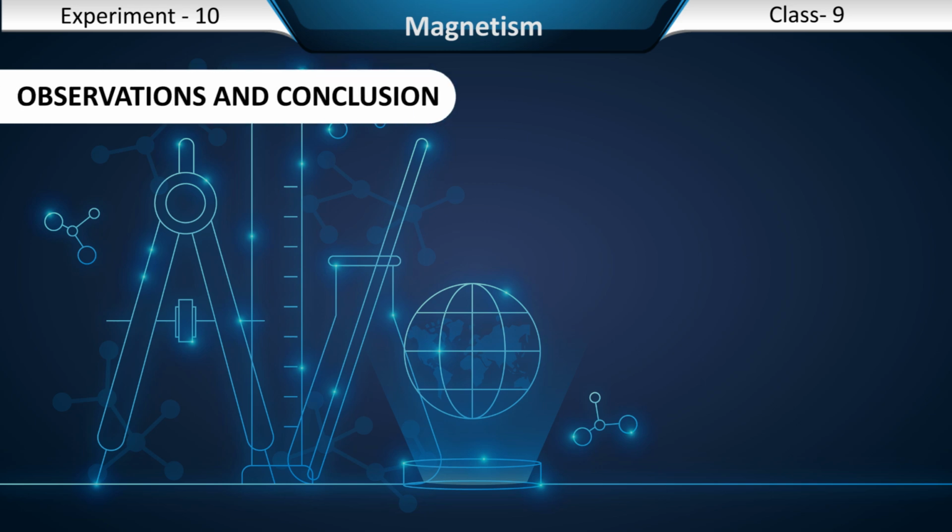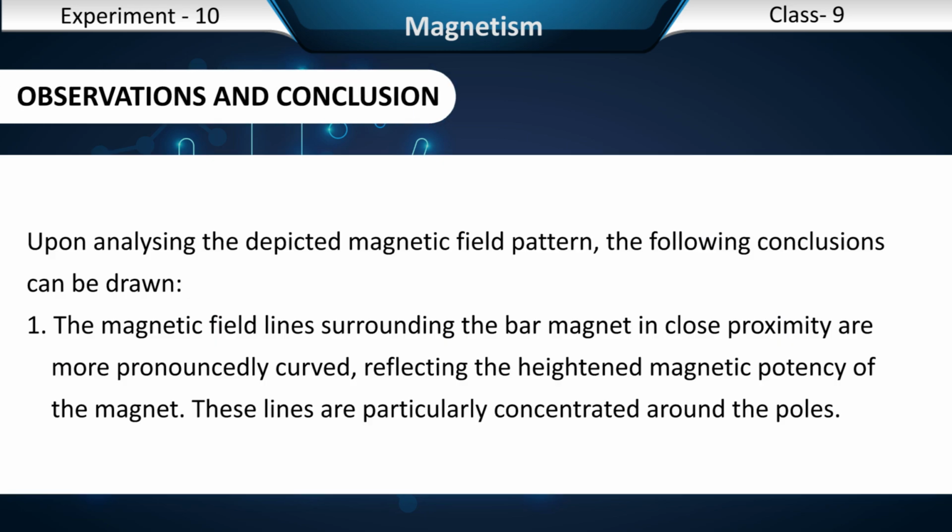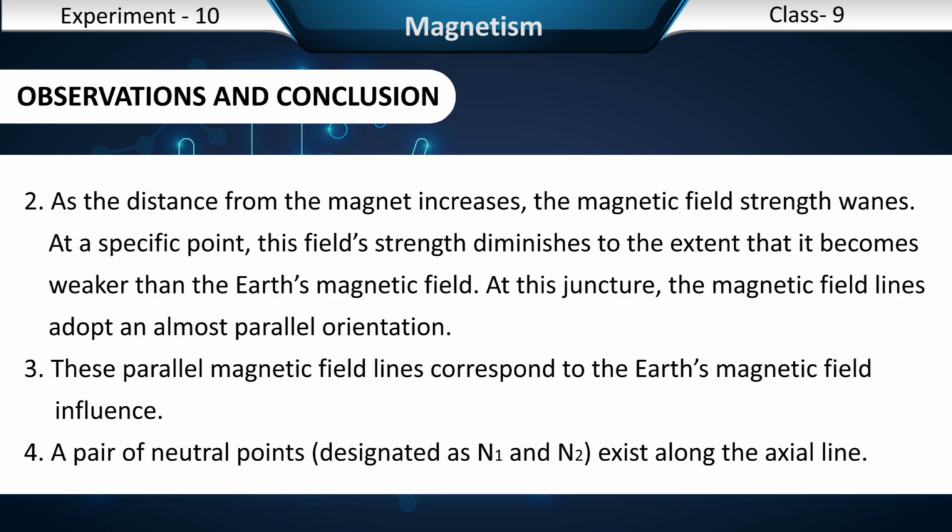Observations and conclusion. Upon analyzing the depicted magnetic field pattern, the following conclusions can be drawn. 1. The magnetic field lines surrounding the bar magnet in close proximity are more pronouncedly curved, reflecting the heightened magnetic potency of the magnet. These lines are particularly concentrated around the poles. 2. As the distance from the magnet increases, the magnetic field strength wanes.